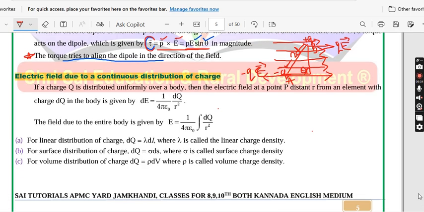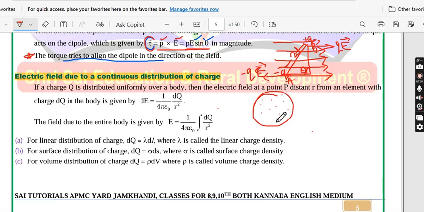The next and most important concept related to your syllabus is electric field due to a continuous distribution of charges. In what way does it happen? If a charge Q is distributed uniformly over a body, let us consider a body which has a number of charges, whether positive or negative.